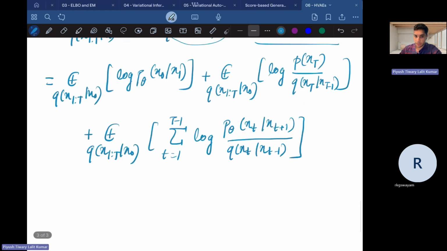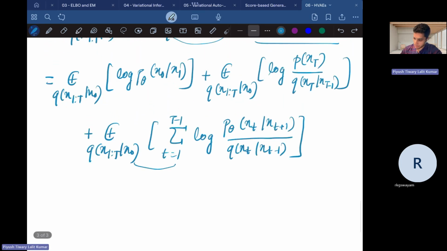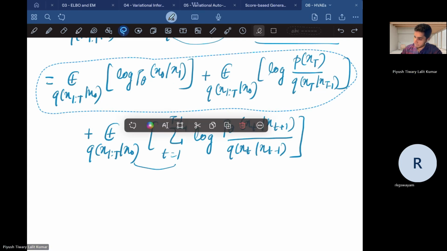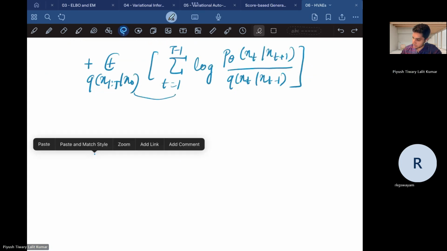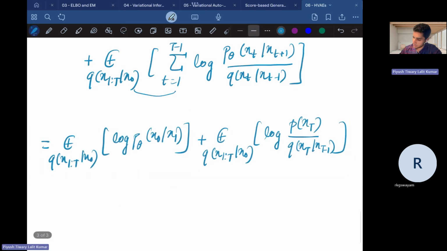Now you can just take this summation outside here. I'll just copy something to save some time. So this is equal to this thing plus the summation comes out.